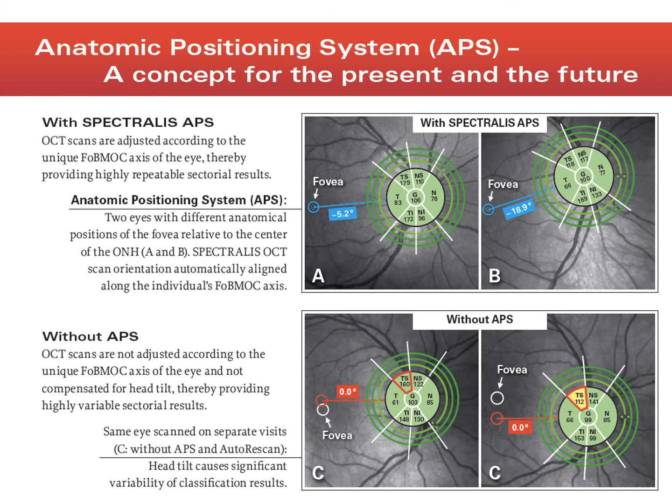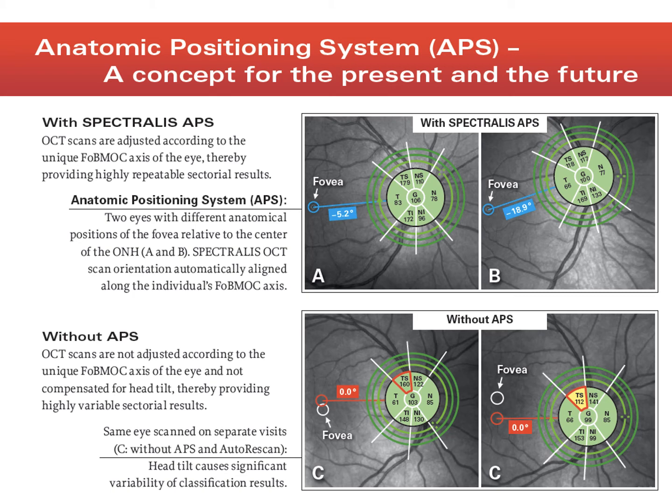Another problem is the position of the fovea with respect to the optic disc. It has been shown that the fovea can be moved a little bit up and down. So this can create a different bundle of fovea temporal sector, and there is a different distribution of the retinal nerve fiber layer all around the optic disc.